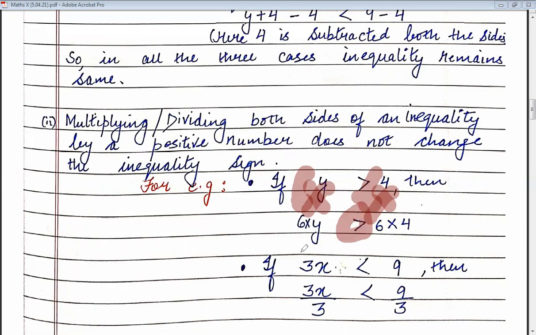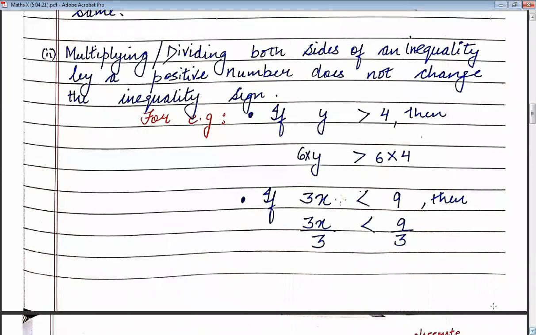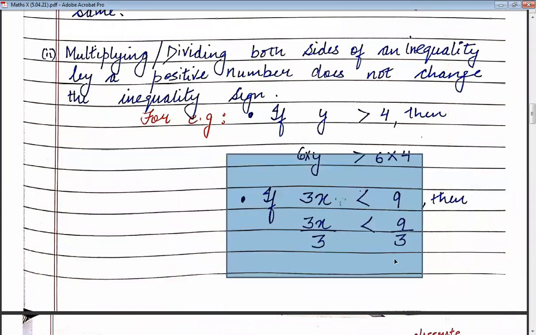Is it clear? Similarly with division. Now children, if you divide an inequality by a positive number, your inequality remains the same. Means there will be no change in the sign. Just have a look at the next example, that is 3x less than 9. Now children, if you divide both sides by a positive number, your inequality remains the same.